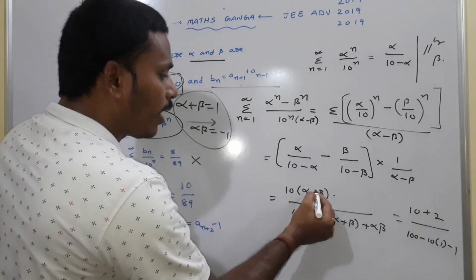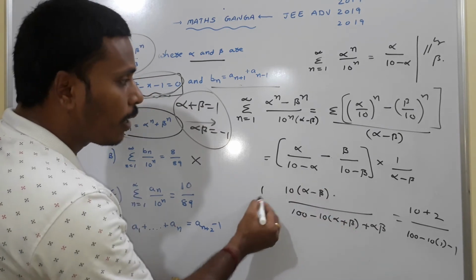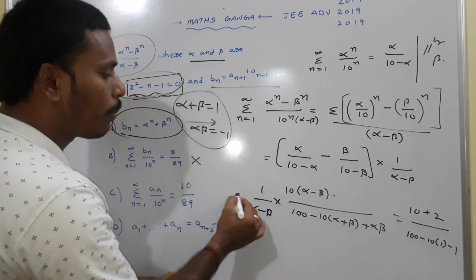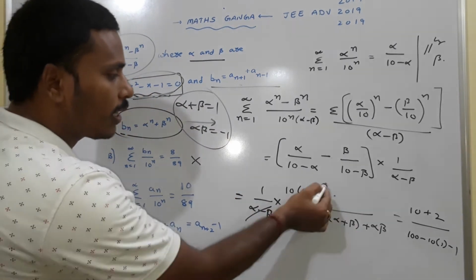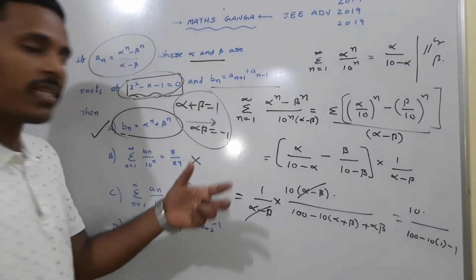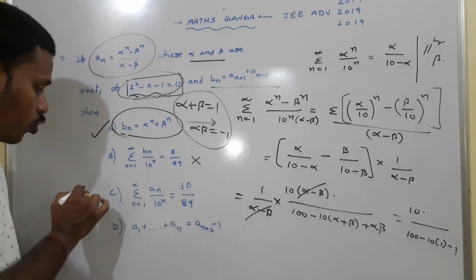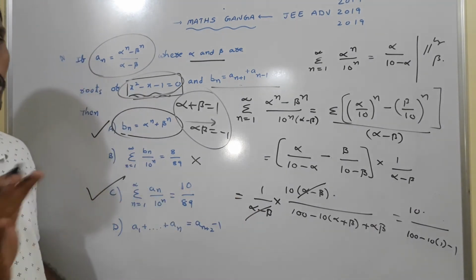Finally we have 10 times alpha minus beta, and the 1 by alpha minus beta gets cancelled. Then the denominator is the same, but the numerator is 10. So your answer is 10 by 89. So this is correct, and option C is also one of the correct options.